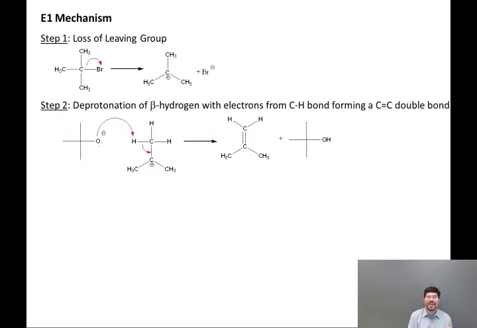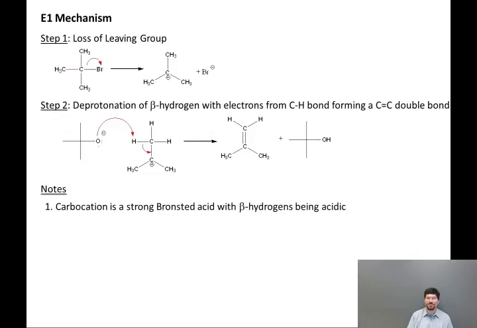It deprotonates the beta hydrogen, so we're doing a Bronsted acid-base reaction, and then the electrons from the beta carbon-hydrogen bond are transferred down to form a carbon-carbon pi bond, which ends up forming a carbon-carbon double bond. This is how we get the alkene product, and of course the byproduct is the conjugate acid of tert-butoxide.